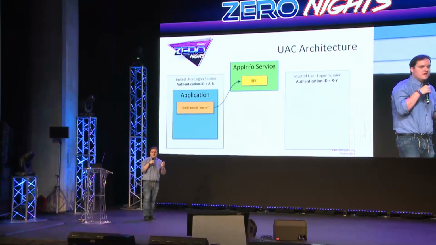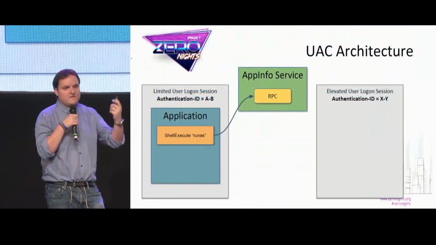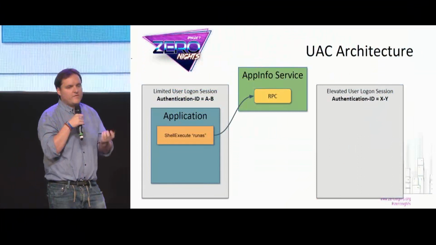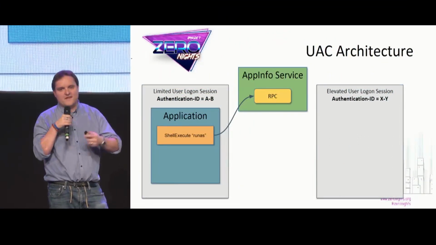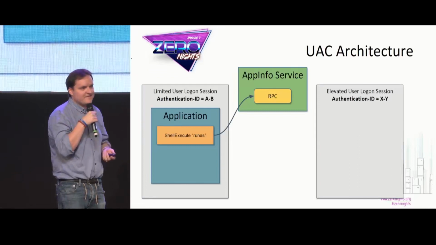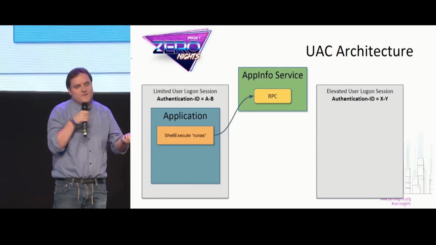Under the hood, ShellExecute calls something called the AppInfo service. This is a system service responsible for implementing UAC. I don't know why it's called AppInfo rather than, say, user account control service, but that's just the way Microsoft named it when they originally built it.